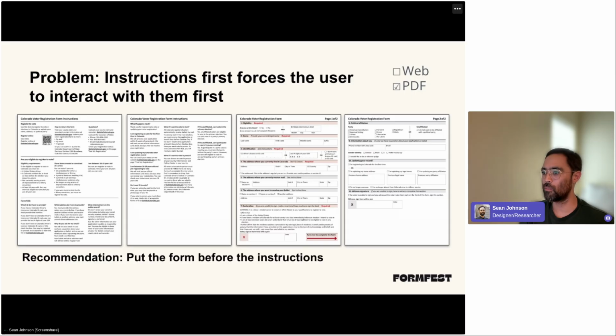We want them to be available for when people want or need them. But if they're forced to read through all the instructions, they know it's a form, but they're wondering where the form stuff is. Unless they're in forms mode, they're going to be forced to read the instructions. So swapping the instructions with the form is, again, an easy fix for PDF forms.